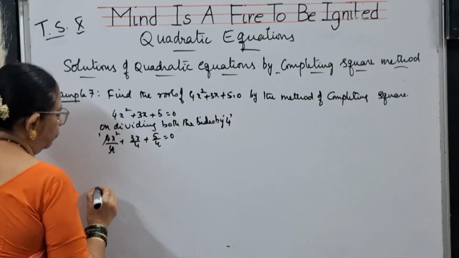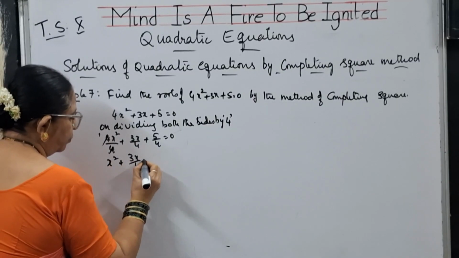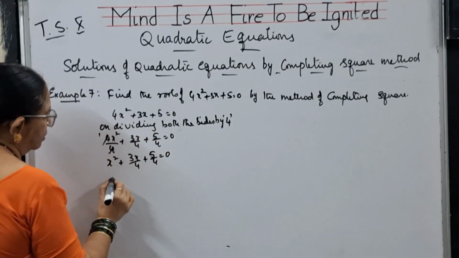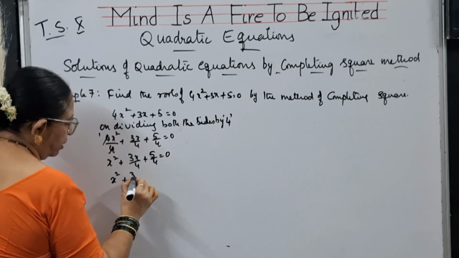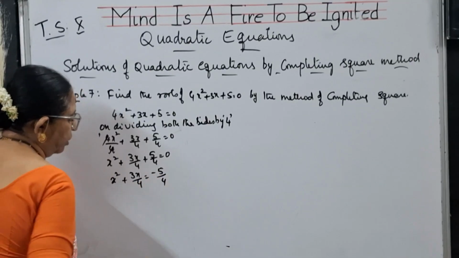So 4 will get cancelled. x square plus 3x by 4 plus 5 by 4 is equal to 0. This can be written as x square plus 3x by 4 is equal to minus 5 by 4.